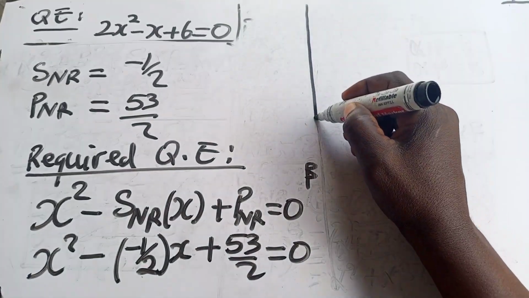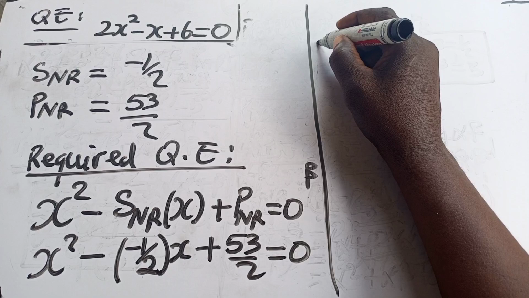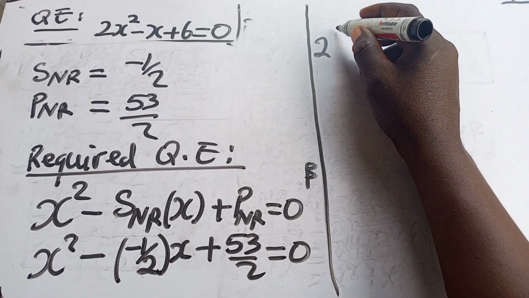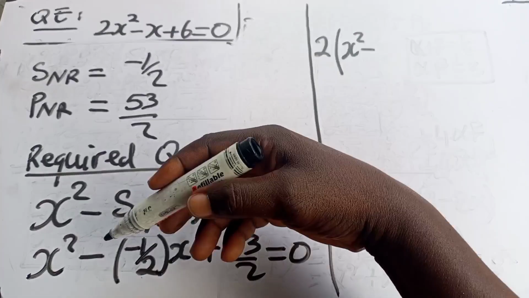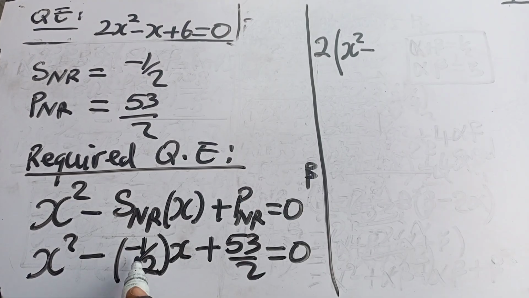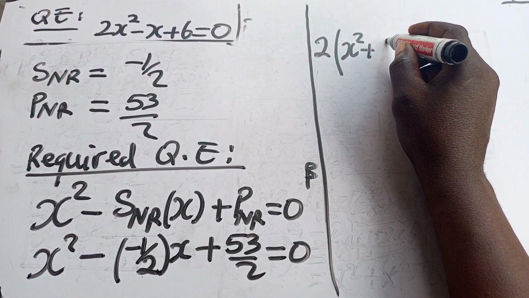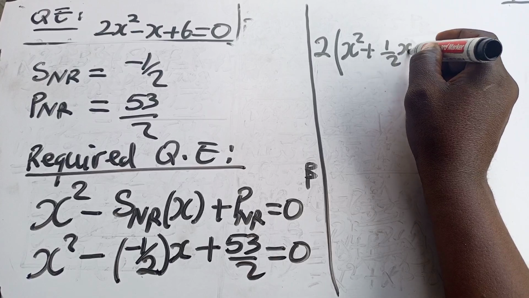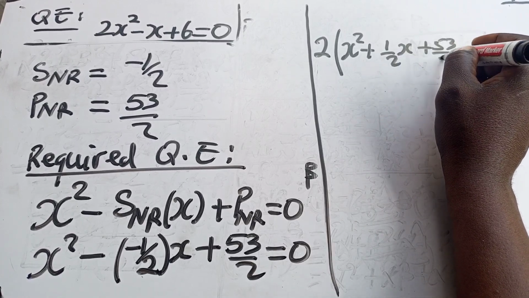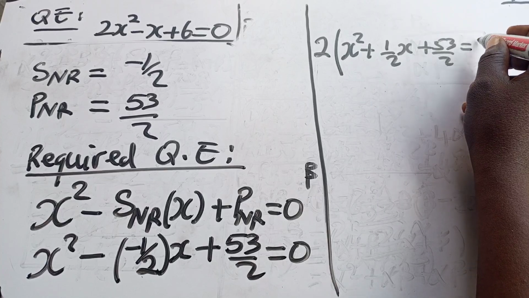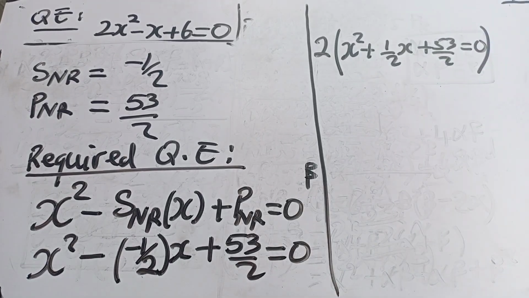So if we multiply all through by 2, we're going to have 2 into x squared minus gives us positive. So this one becomes positive half x plus 53 all over 2 is equal to 0. So we're multiplying all through by 2.